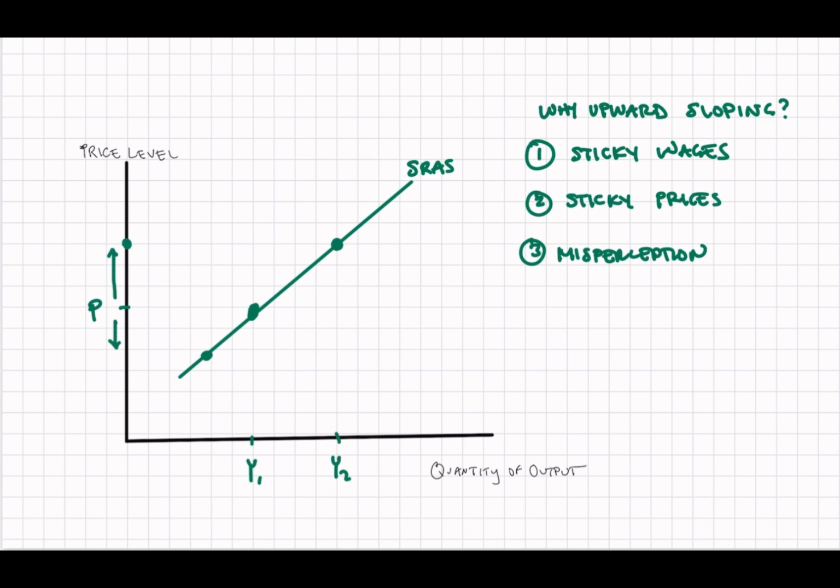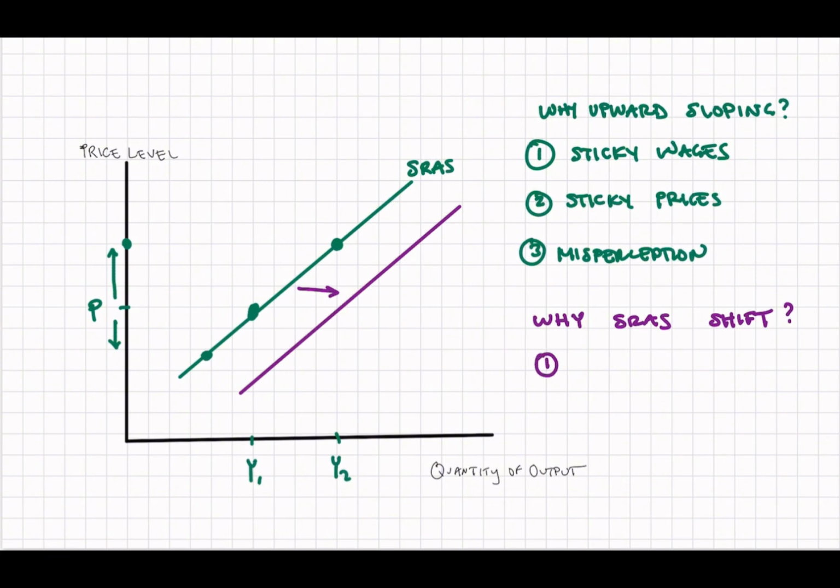Now, this is what's going to cause an upward sloping short run aggregate supply curve, but why would the short run aggregate supply curve shift? Or what would cause it to shift left or right? Well, we're going to have a couple explanations.